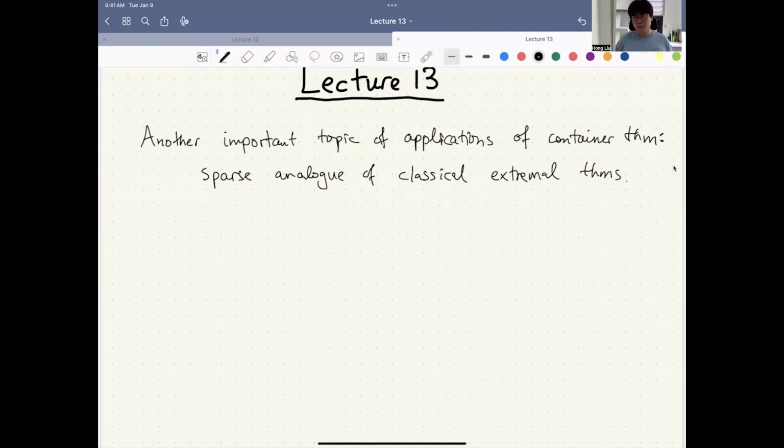Let's have some notation. The first one is Mantel's theorem, the classical result.